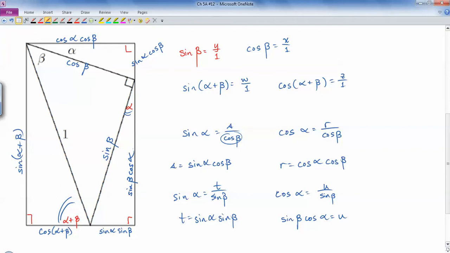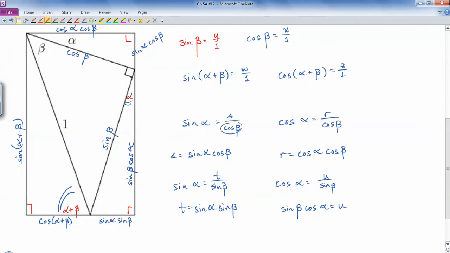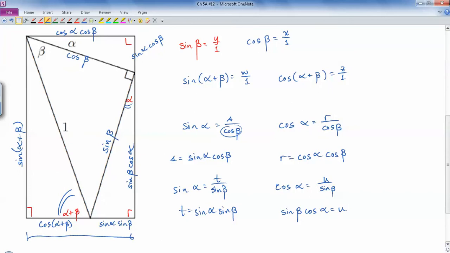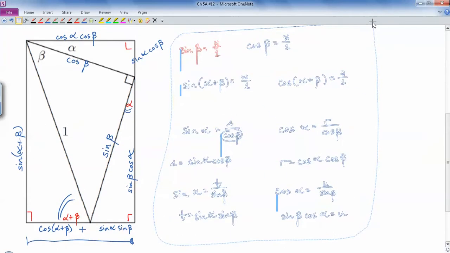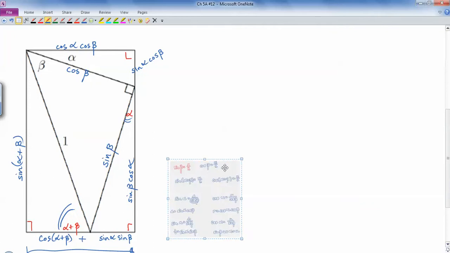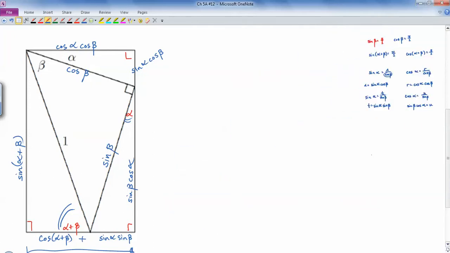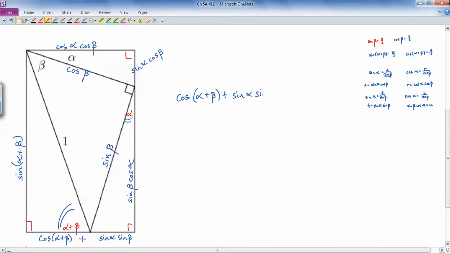And then I can set up some equations based on this. The sum of these two pieces down here is really the same thing as the top. So if I take the bottom two, cosine alpha plus beta plus sine alpha sine beta, that's the same length as the top, which is cosine alpha cosine beta.